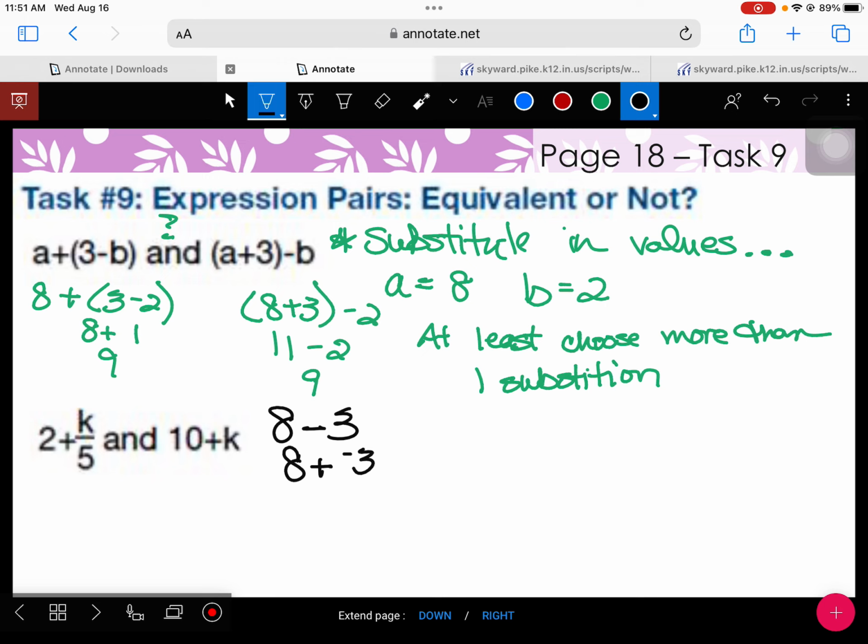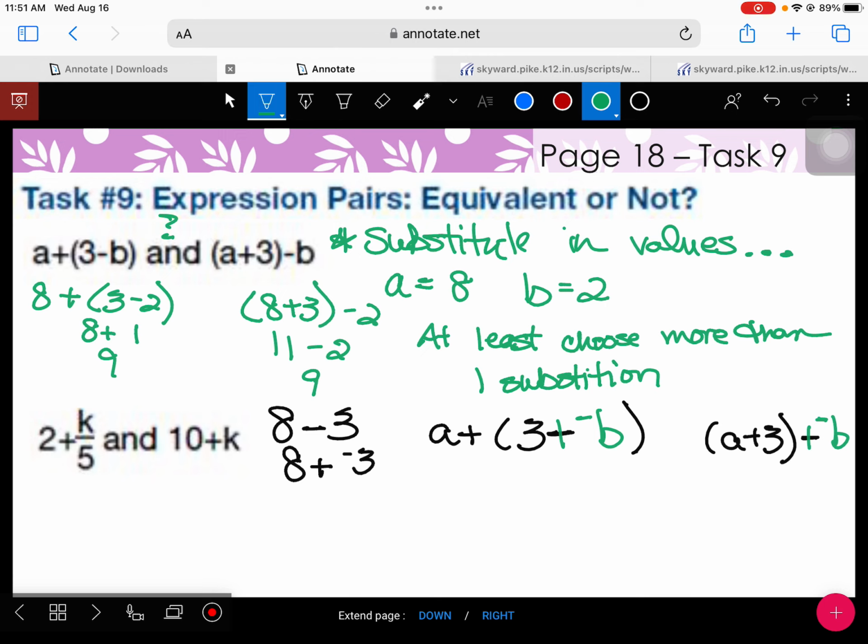So let's see if I change my subtraction to be adding the opposite. Then I would say A plus, instead of 3 minus, I'm going to make that plus a negative B. I'm still going to keep it in parentheses for now. How does that compare to A plus 3 in parentheses and change this minus to plus a negative B?